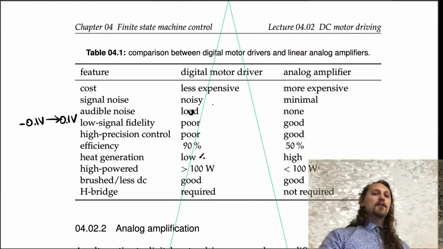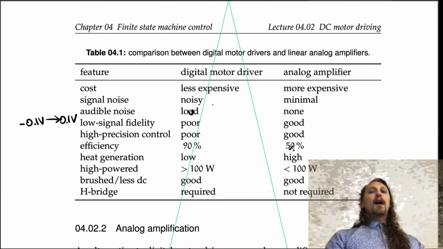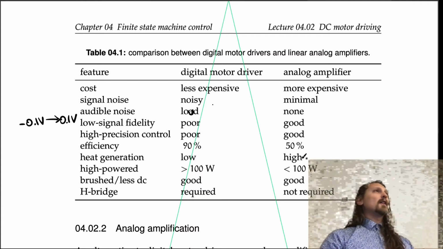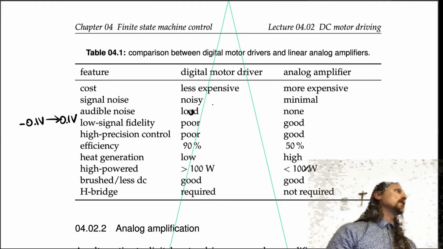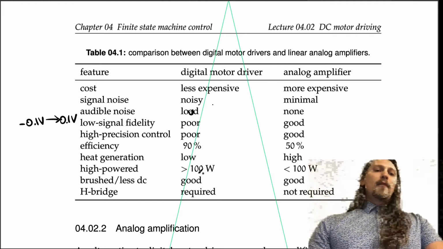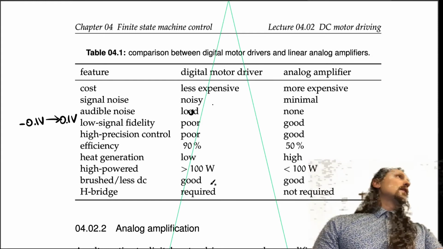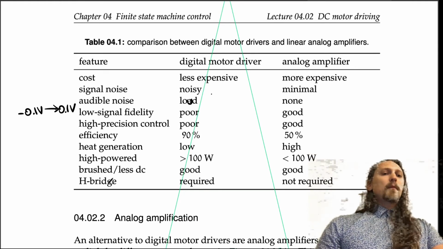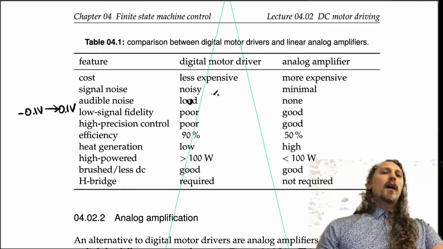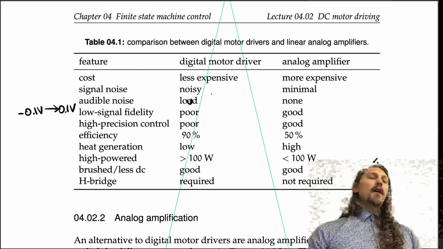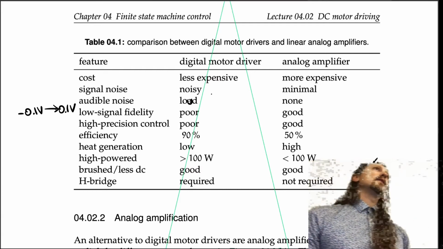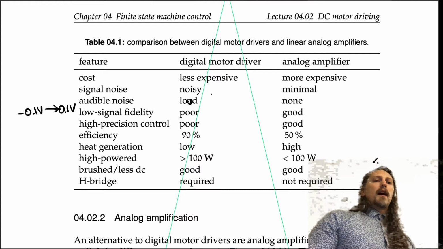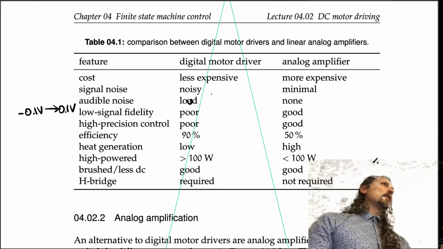High efficiency stuff has low heat generation and can be high powered, whereas inefficient stuff has high heat generation and has to remain at relatively low power. That's the trade-off there. They can both be used for brushed and brushless DC motors, so that's not really an issue. An H-bridge is required for a digital motor driver. Analog amplifiers are usually built to be plus and minus, so you don't need to put in an additional H-bridge circuit. So that's a comparison of the two.